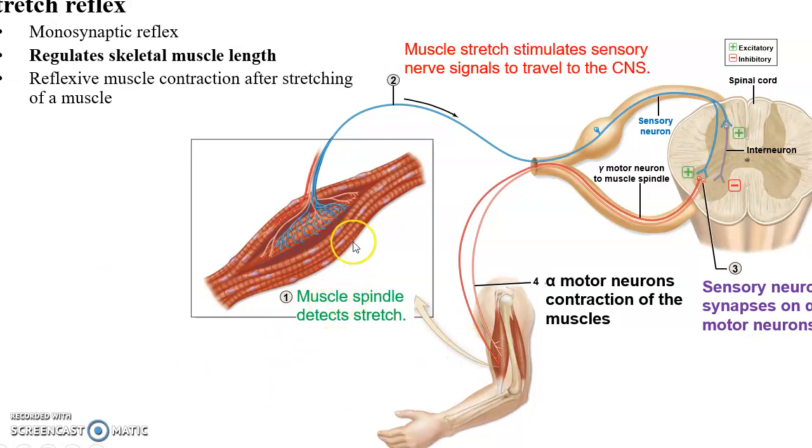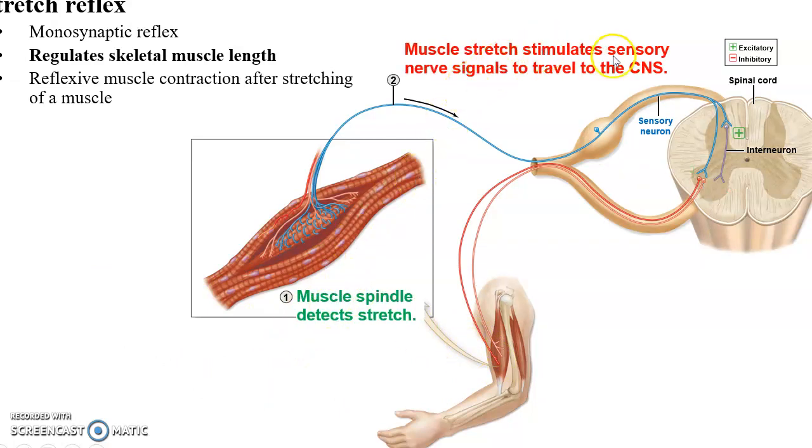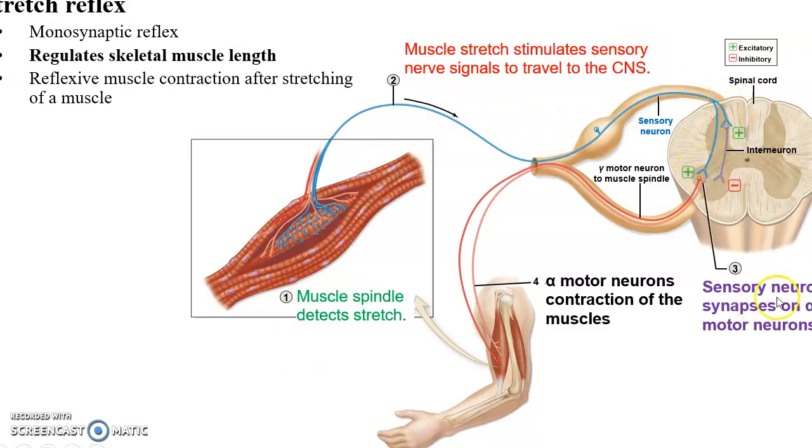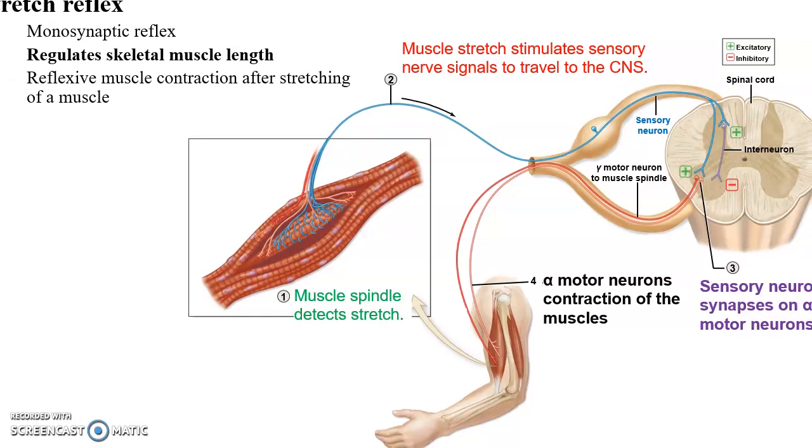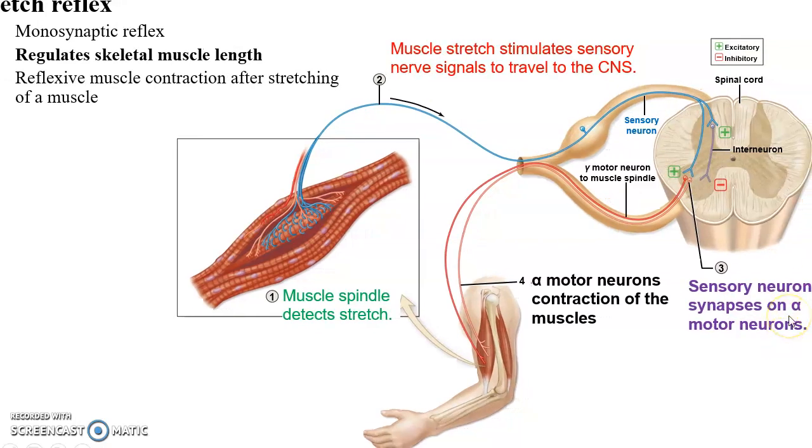So the muscle spindle detects stretch. Muscle stretch stimulates the nerve signal to the central nervous system. The sensory neuron then synapses with an alpha motor neuron, and then the alpha motor neuron carries the command to contract to the muscle.